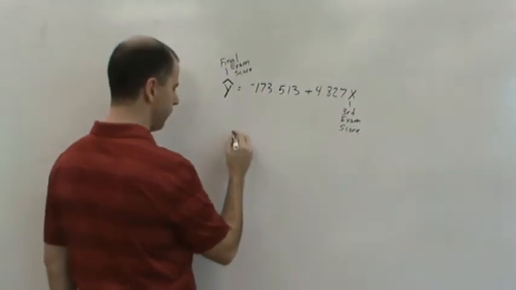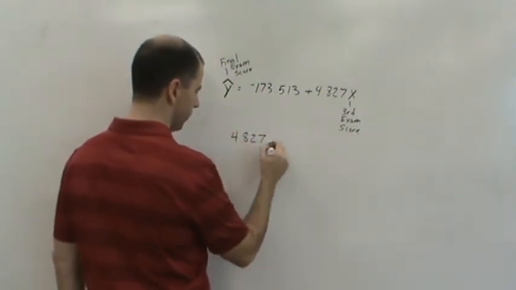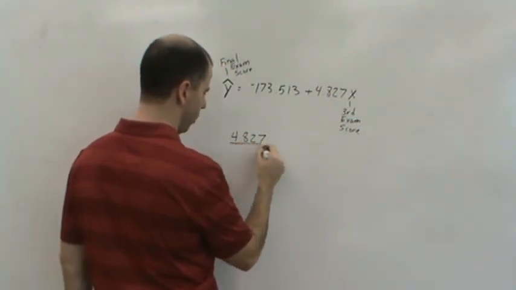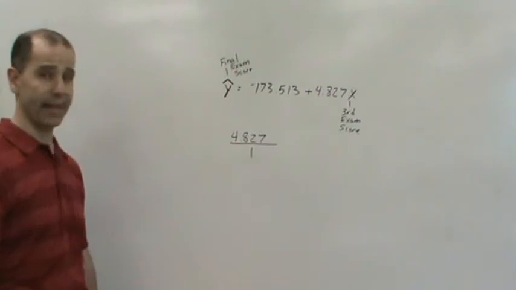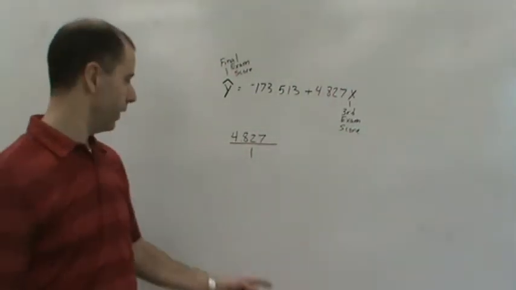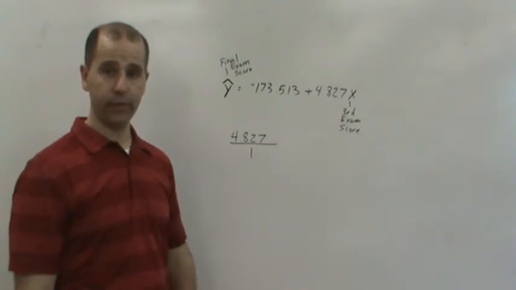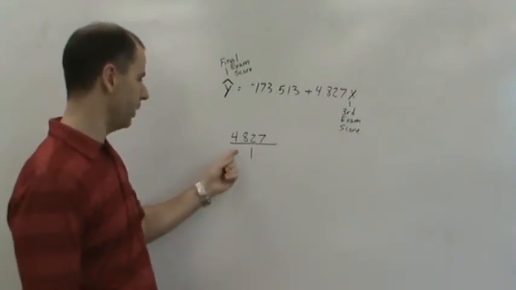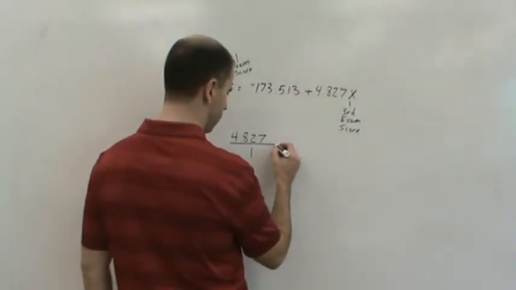Let's write it as a big fraction. So this is going to be over 1, right? So I could take any number and write it over 1. 4.827 divided by 1 is 4.827, right? So I can take any number and put it over 1. So now what I'm going to do is put in the units.